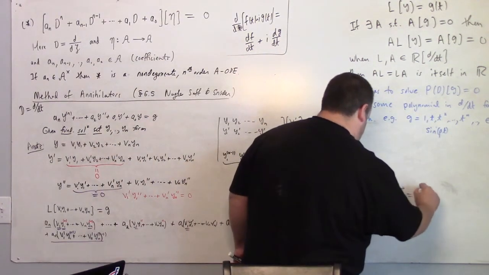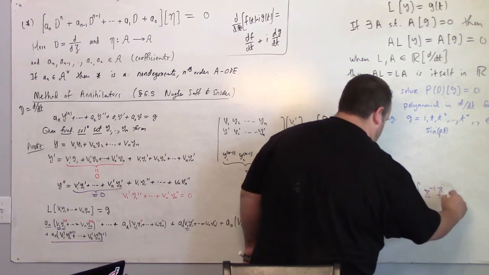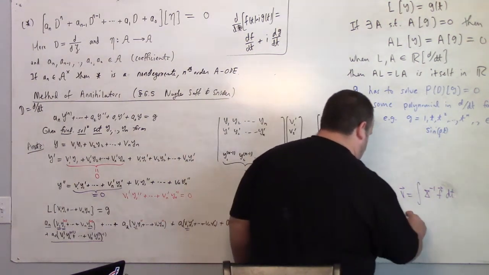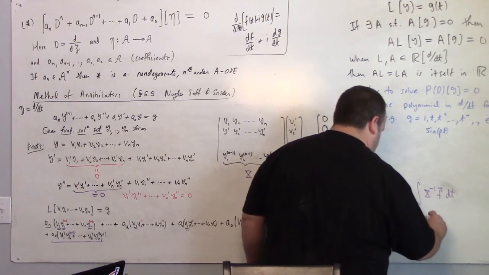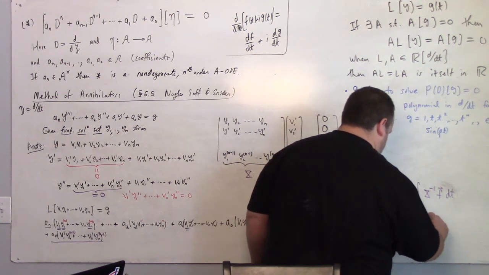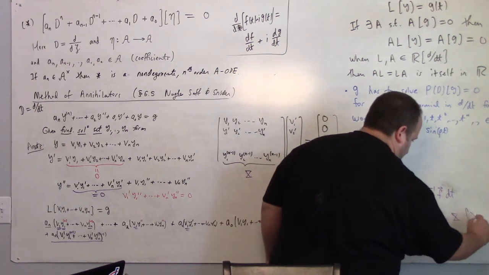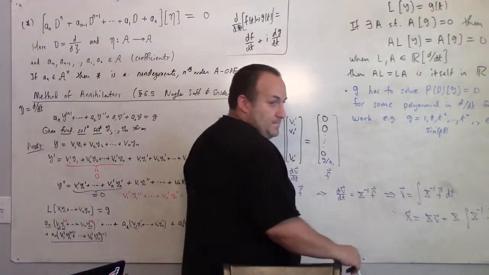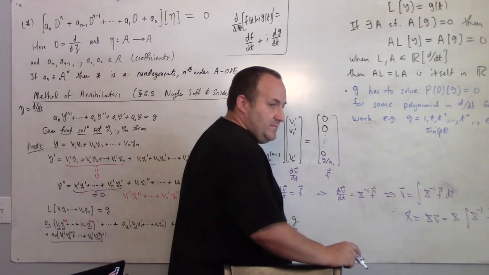So v is the integral of X inverse f dt. Therefore, the general solution is X times v, which is X times the integral of X inverse f dt. And that is the variation of parameters formula for the nth order problem.